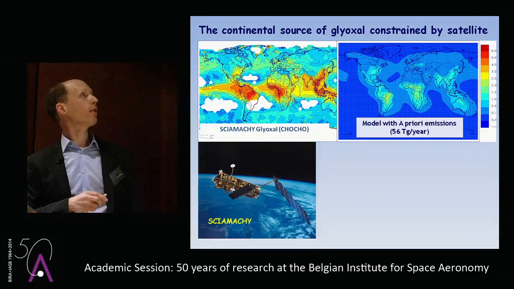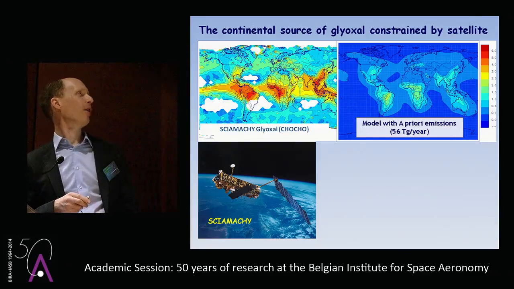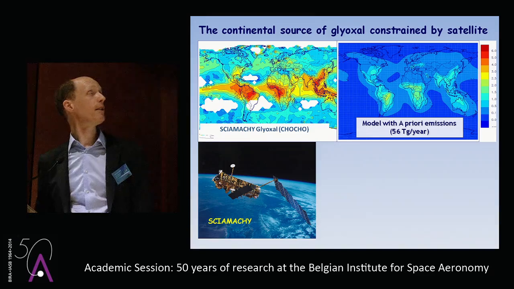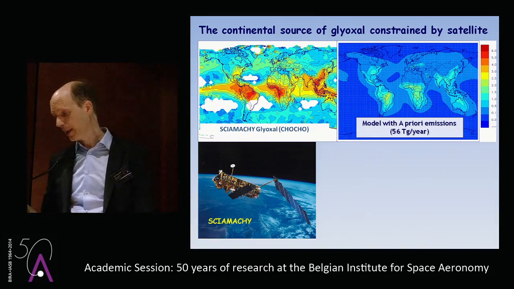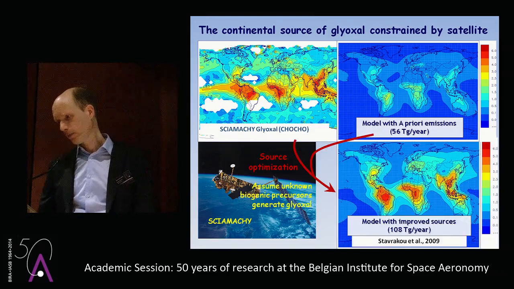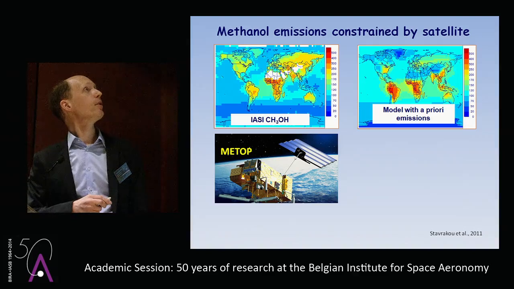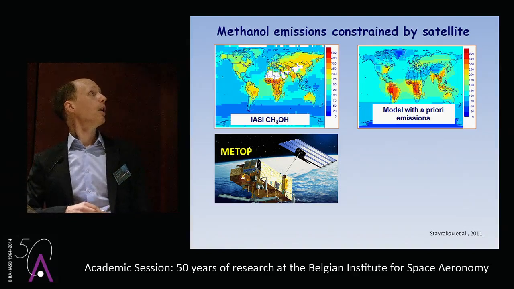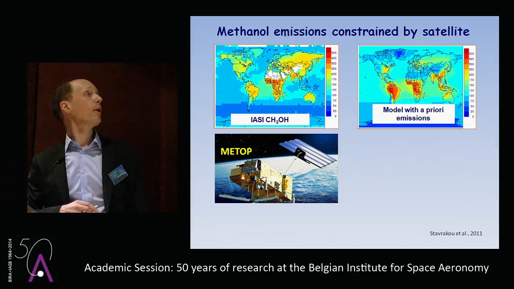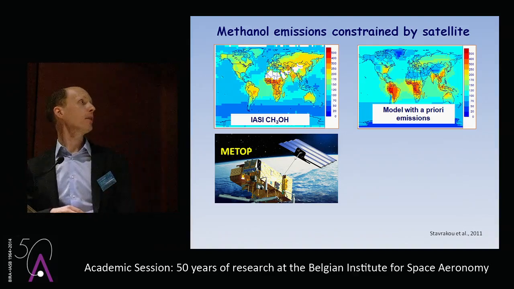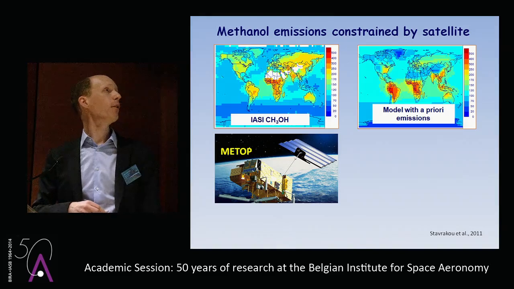So we did that for quite a few compounds which are observed by satellite. I will not go into the detail. This is glyoxal, which was shown already. We have also methanol emissions constrained by the observations from our colleagues at the ULB, from the IASI instrument on METOP.